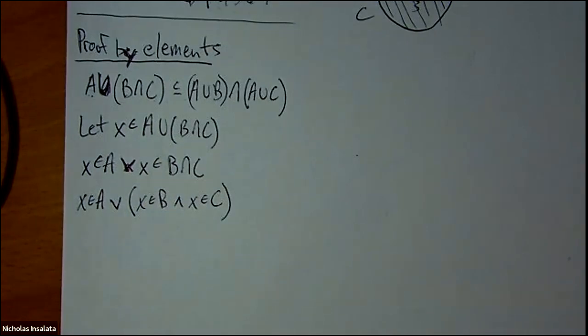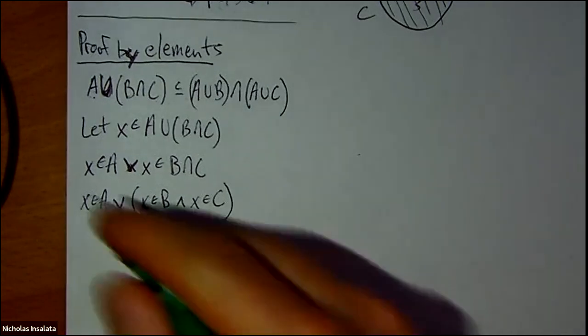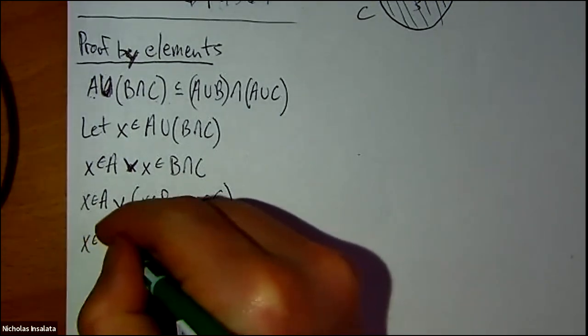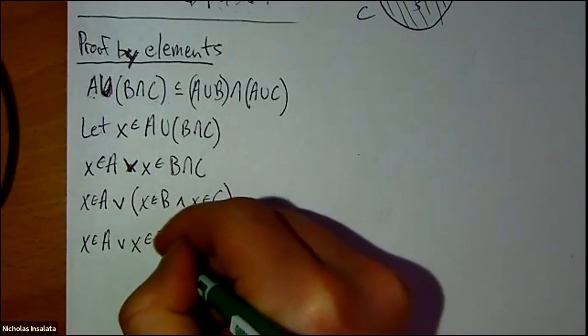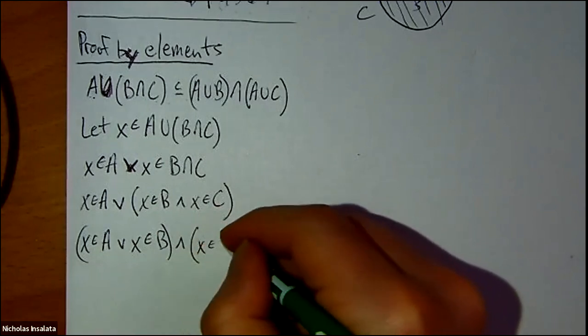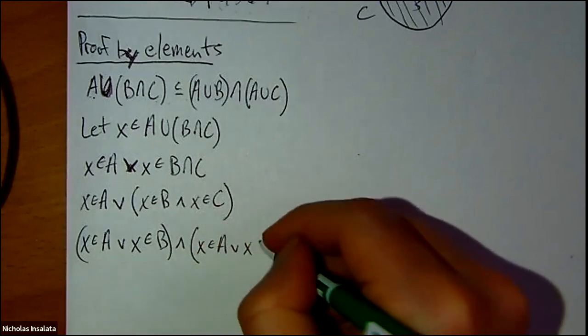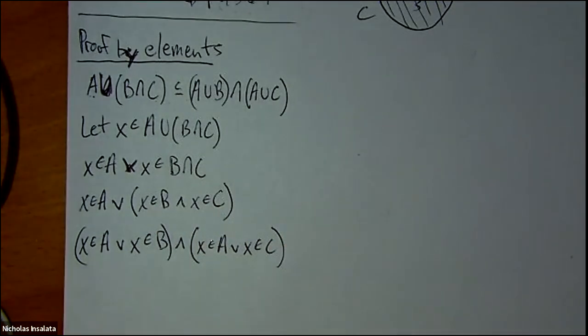Now we can use the distributive law of or and, right? Because now we can say X is an element of A or X is an element of B, and X is an element of A or X is an element of C. Now what do we do?